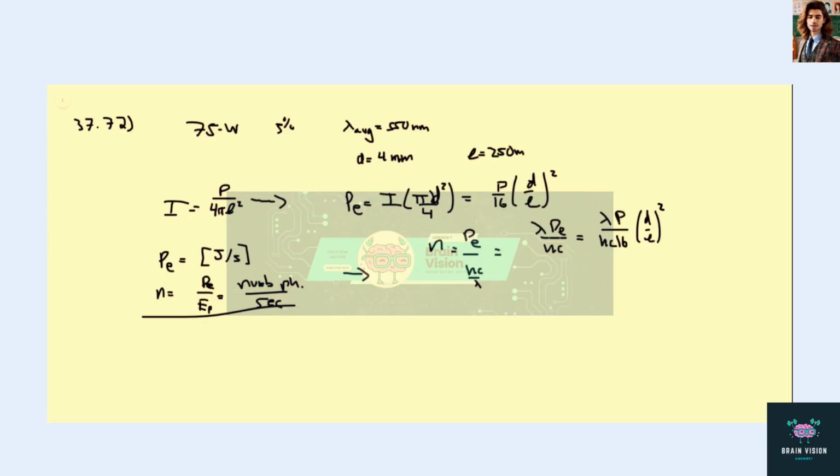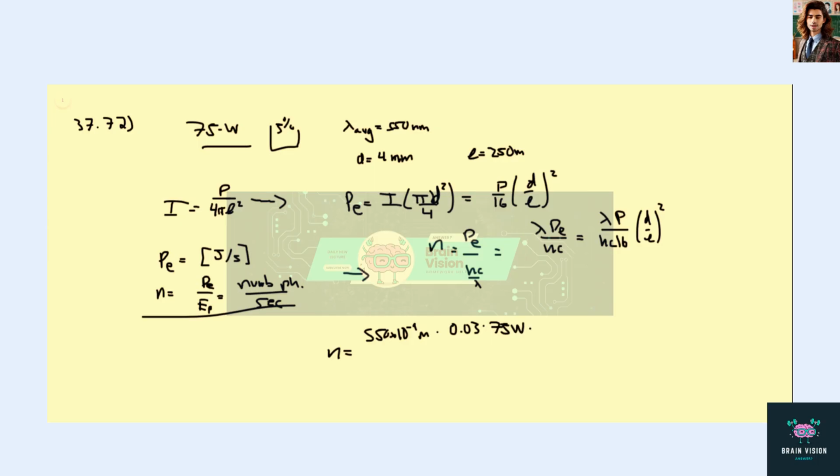So this is everything, and now we can calculate the number of photons per second striking the eye. First, lambda is 550 times 10 to the negative 9 meters. Our power is 75 watts, but it only emits 3% as visible light, so this is 0.03 times 75 watts.